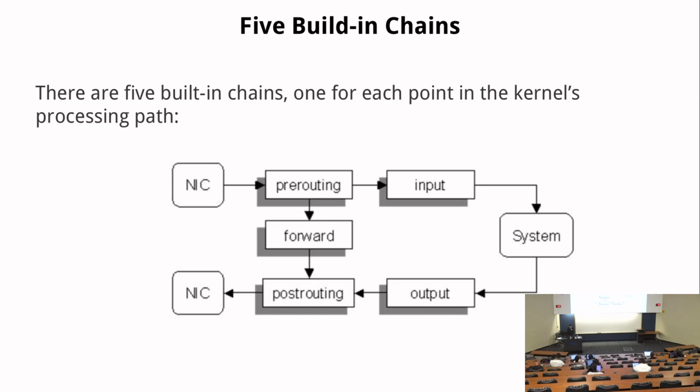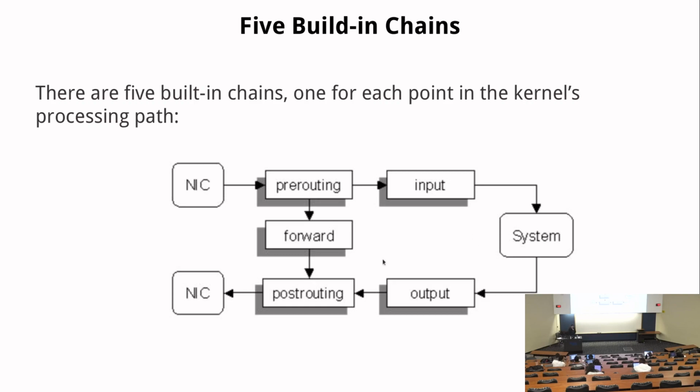There are 5 chains in iptables, one for each point in the kernel's processing path. If a packet comes into the system, it will first go to the pre-routing chain, then the input chain. It could also go to the forward chain and post-routing chain. Then it goes out the physical interface.